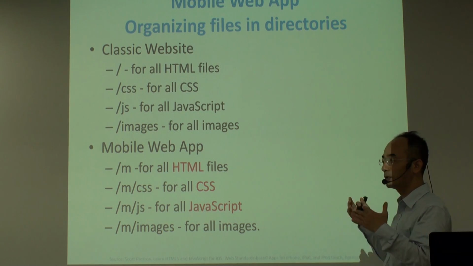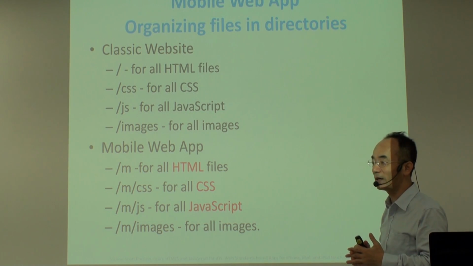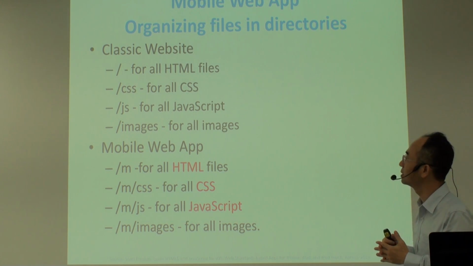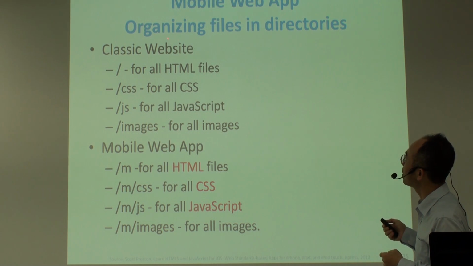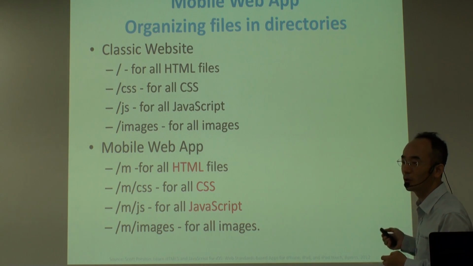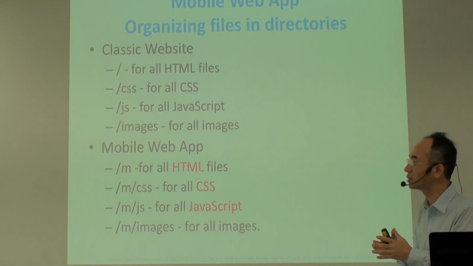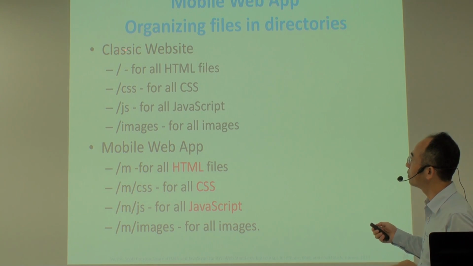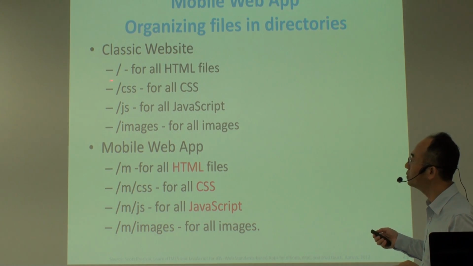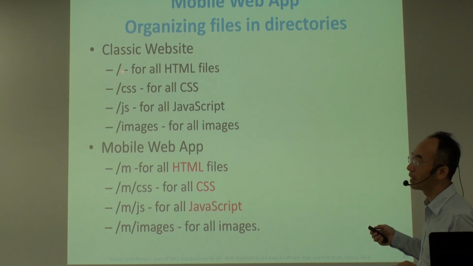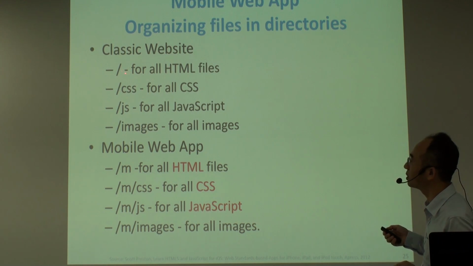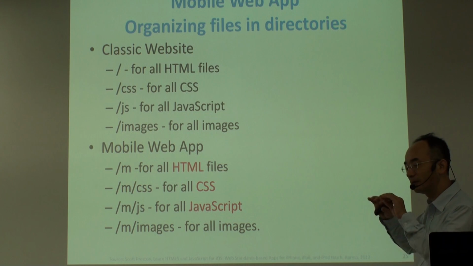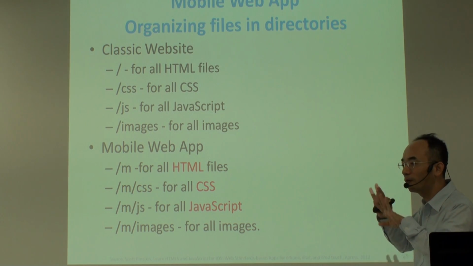And let's talk about how to organize your files when developing mobile web apps. This is about organizing files in directories or folders. For example, for classic websites, you can allocate three folders.